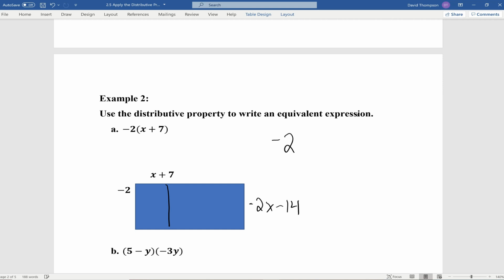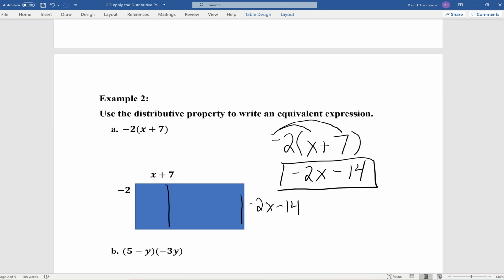Traditional distributive property: negative 2 times the quantity of x plus 7. Negative 2 times x will be negative 2x, and negative 2 times positive 7 will be negative 14. So we got the same thing when we worked it out using our rectangular method and by distributing.